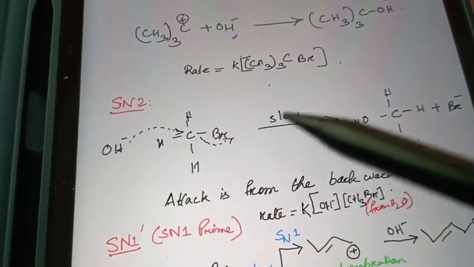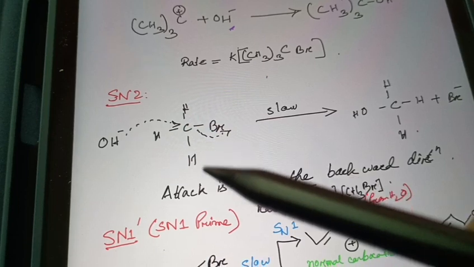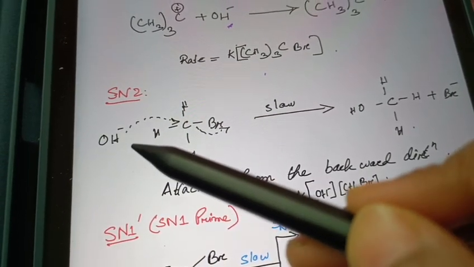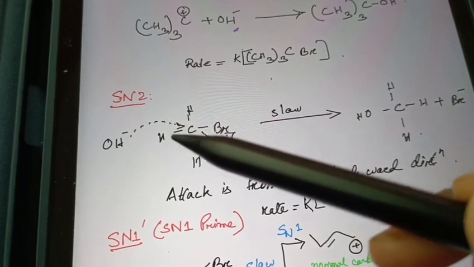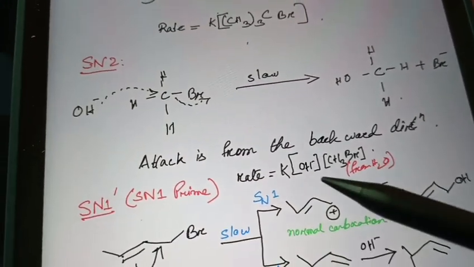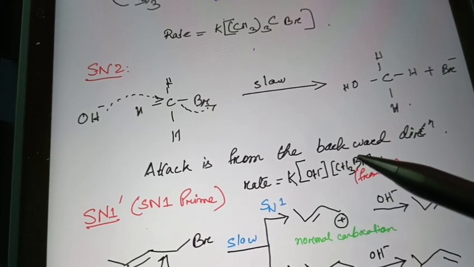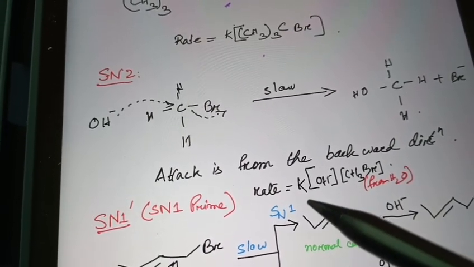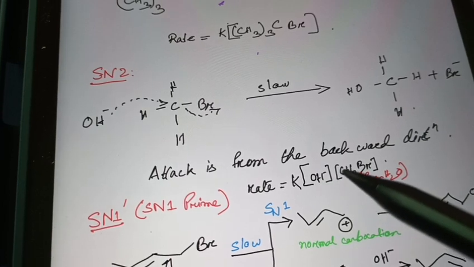Both attacking and leaving take place simultaneously. So in this case, rate depends upon concentration of both the nucleophile and the reactant which we have taken, the alkyl halide. So you can say this is a bimolecular reaction, and the order of the reaction is 2.